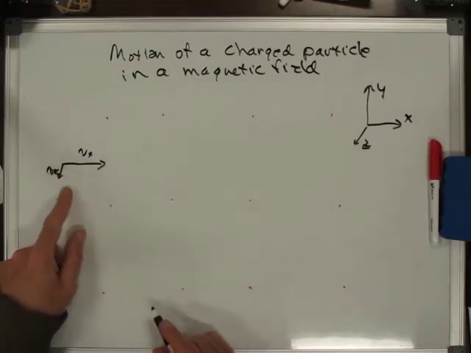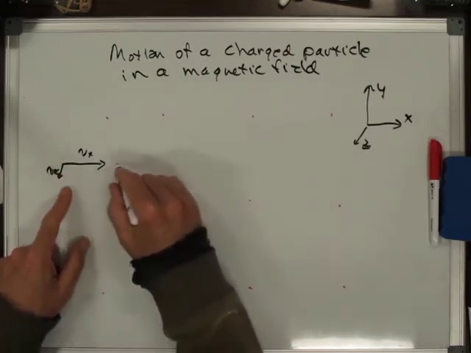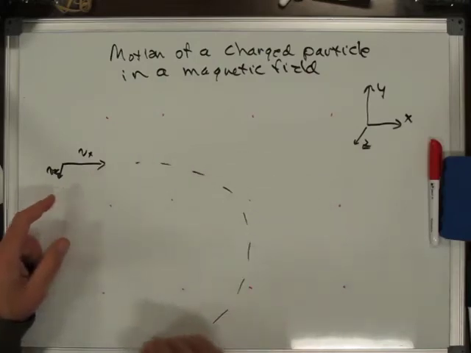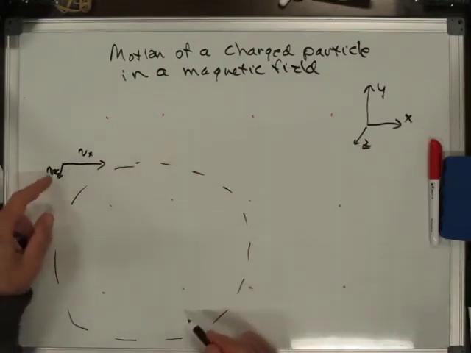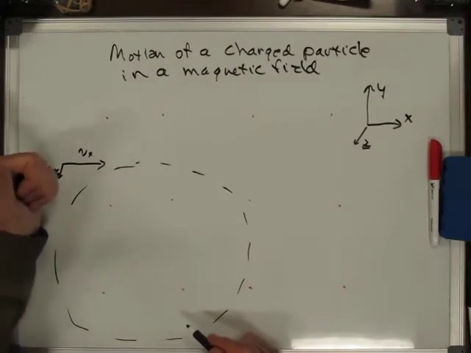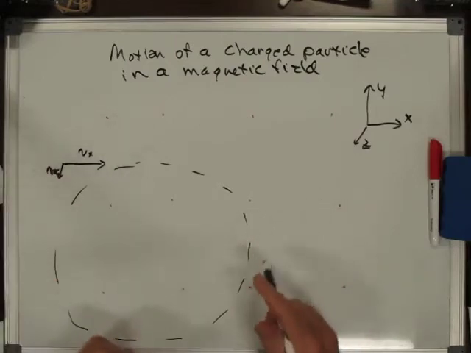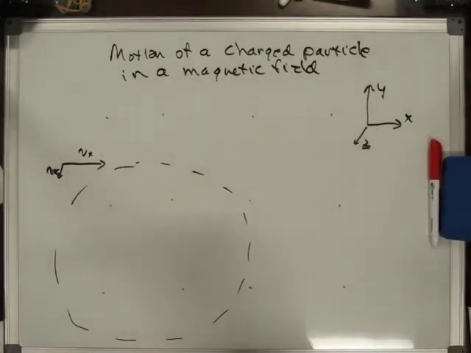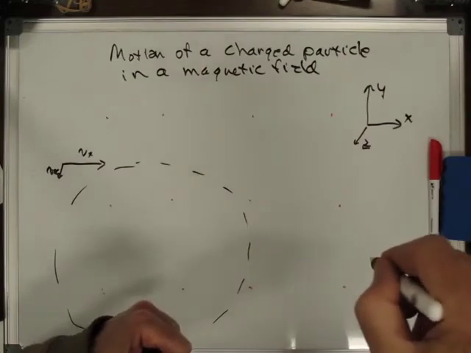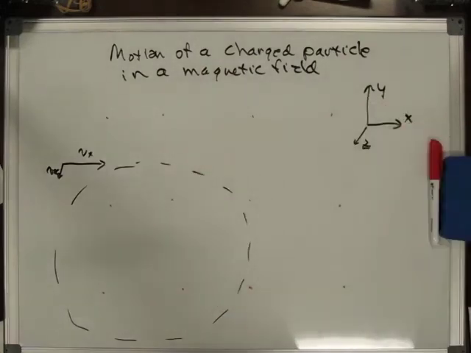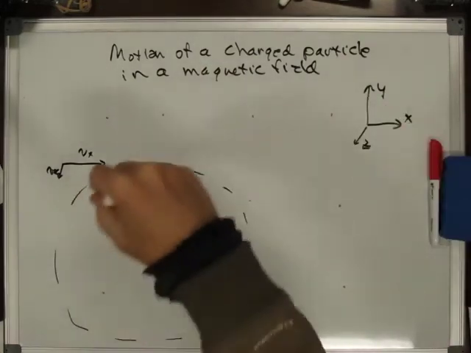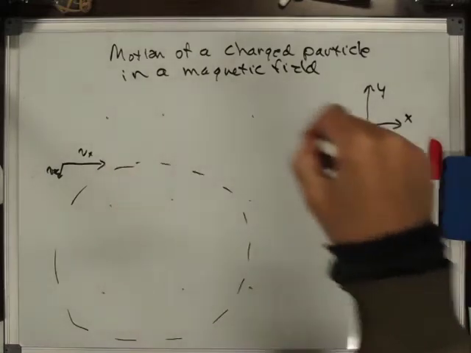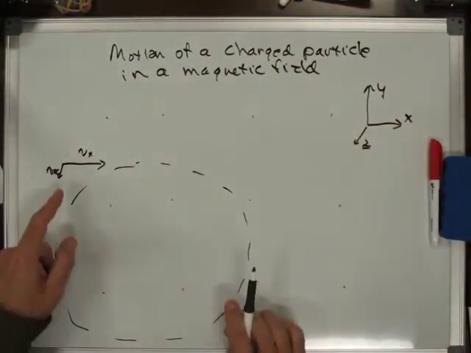And so the x component of the velocity will cause my particle to circle. But the z component is unaffected. There's no effect due to the force, due to the velocity in the z direction from this magnetic field. And so the particle will spiral upwards. Its z component of velocity is unchanged, but its x velocity is causing it to spiral.